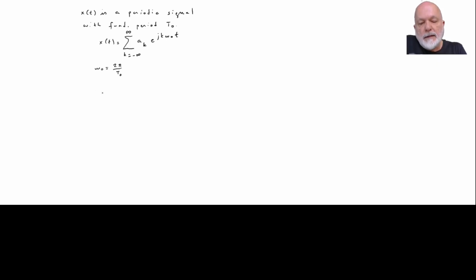Now, we can write x of t as follows. a0 plus the sum over k from 1 to infinity of ak e to jk omega 0 t, plus the sum over k from minus 1 to minus infinity of ak e to jk omega 0 t.